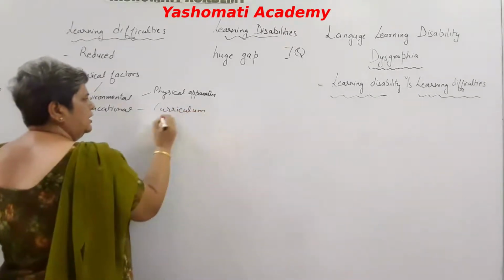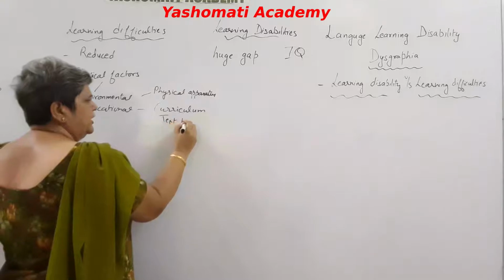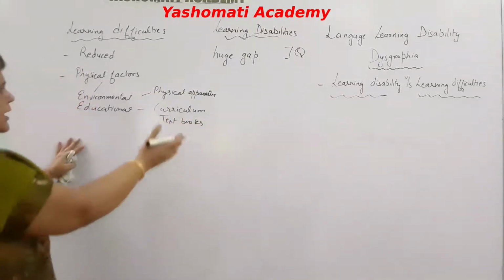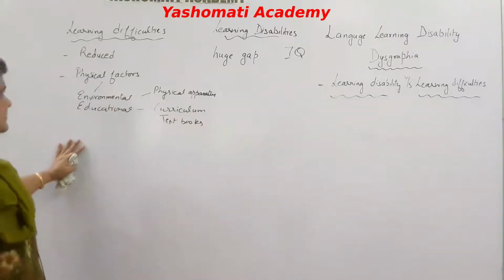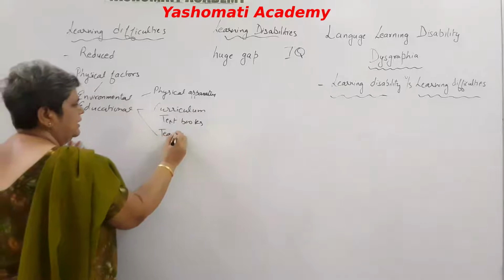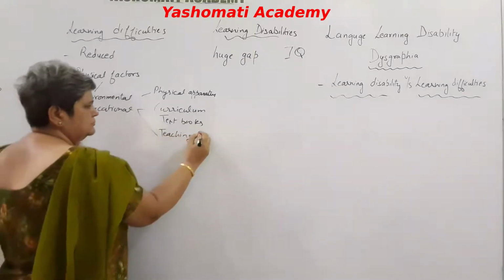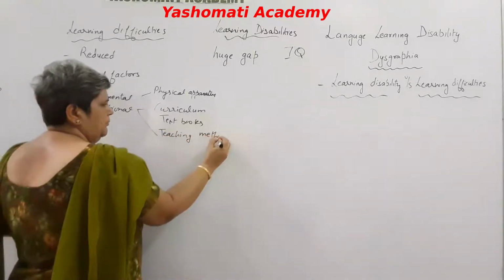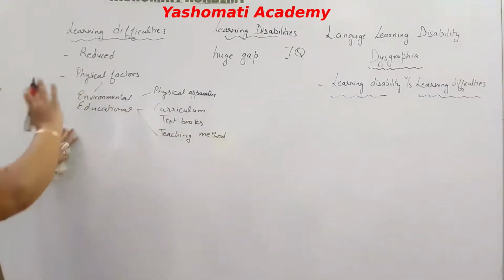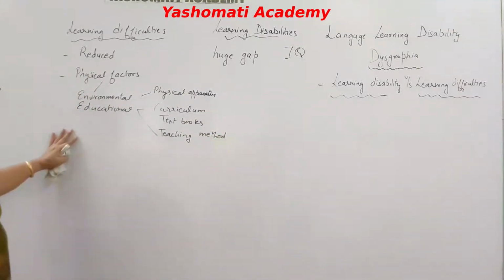The curriculum or the textbooks which we are using to teach the learner are not proper, they are not as per the level of the learner. Or the problem may be with the teaching techniques also. Maybe the methods being used by the teacher are not helping the learner to learn.